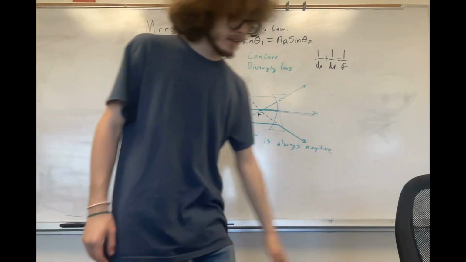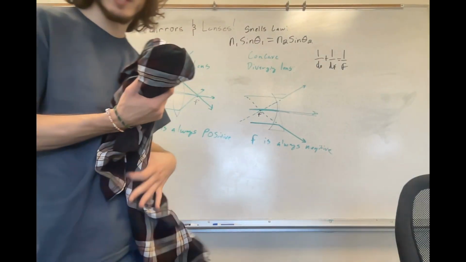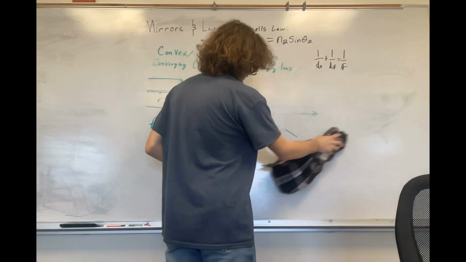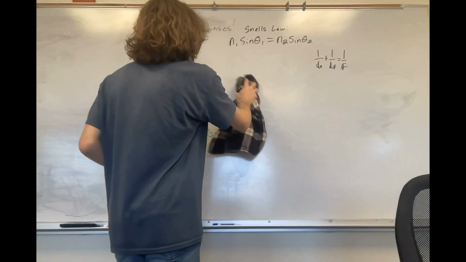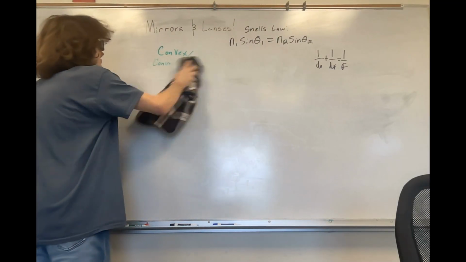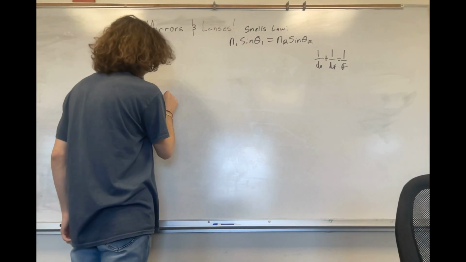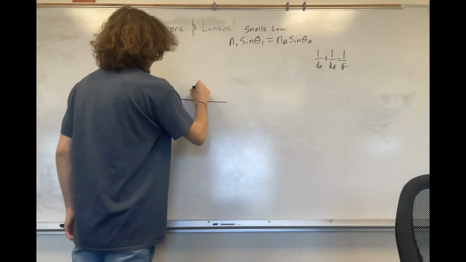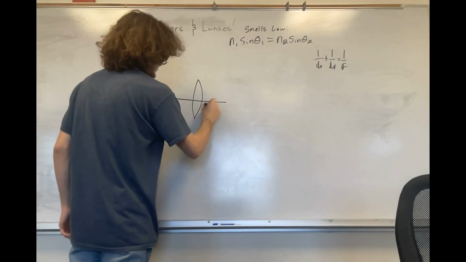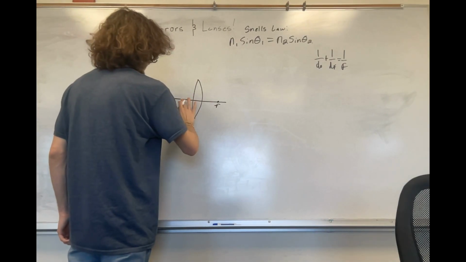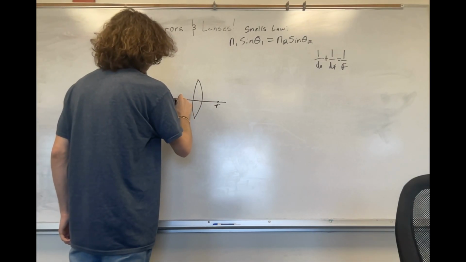All right, now let's discuss ray tracing diagrams for these because they can get a little tricky. Let's do convex lenses first. Let's consider before and after a focal point. Let's assume there's some F here, and we'll mark that that F also exists over here.